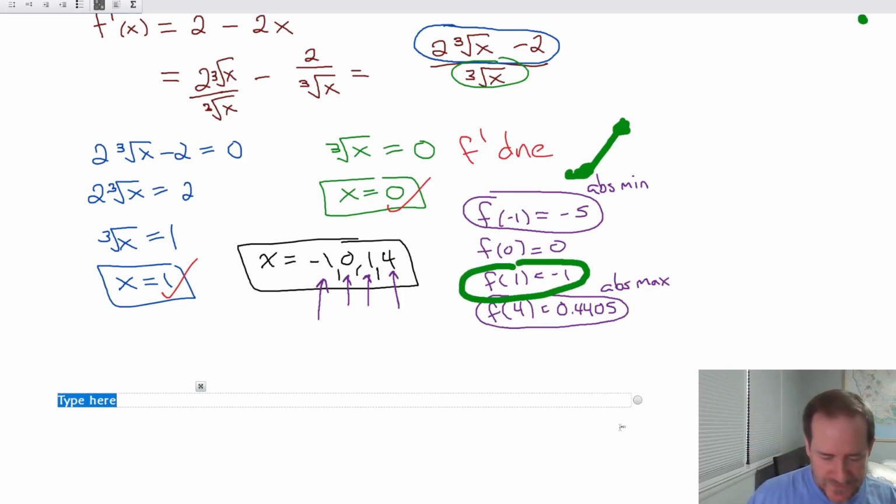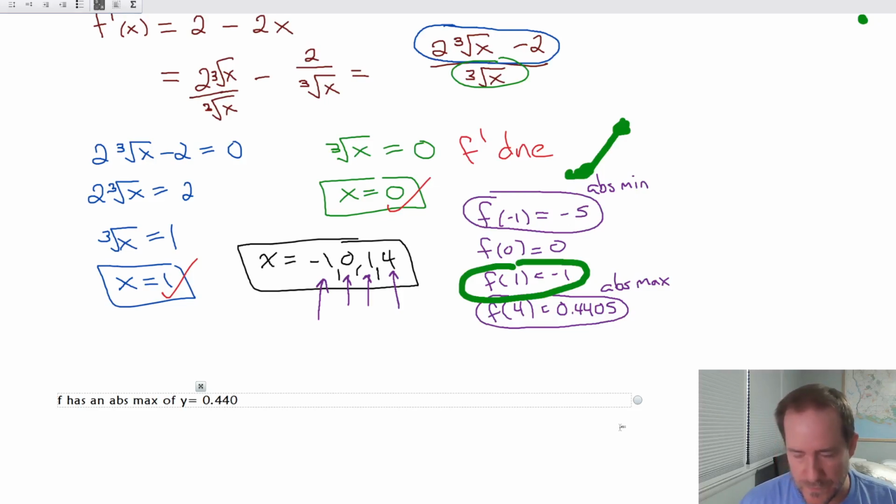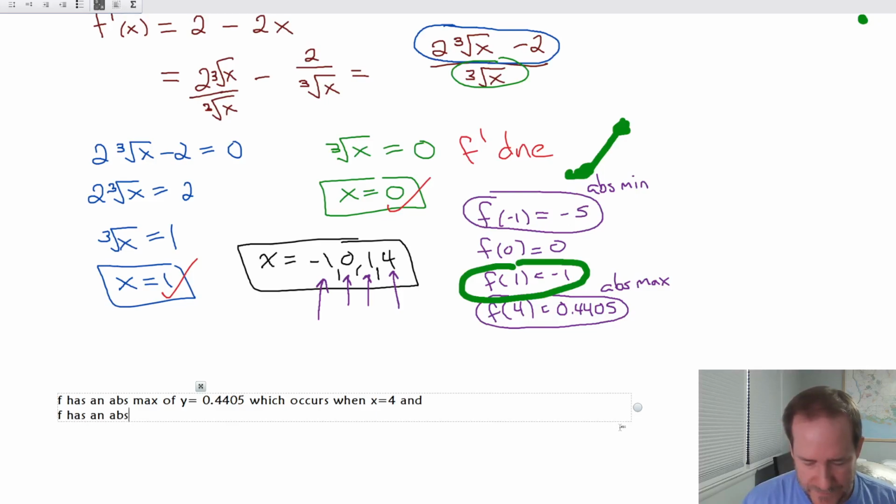Make sure you say f, not f prime, but f has an absolute max of y equals 0.4405, which occurs when x equals 4, and f has an absolute min of y equals -5, which occurs when x equals -1.